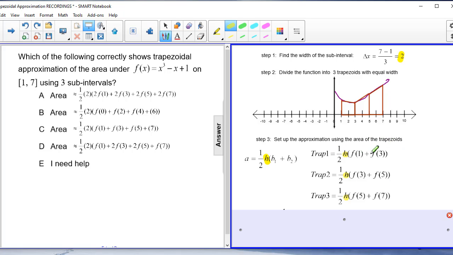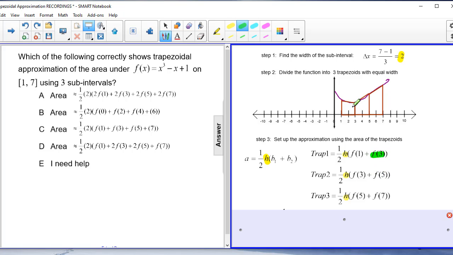So this is how we get our 3 different area formulas. To find the total area, we're going to add up the areas of those 3 trapezoids. Each one has 1/2 h, and that's going to get factored out. I want to point out something else. Trapezoid number 1 ends at f of 3.